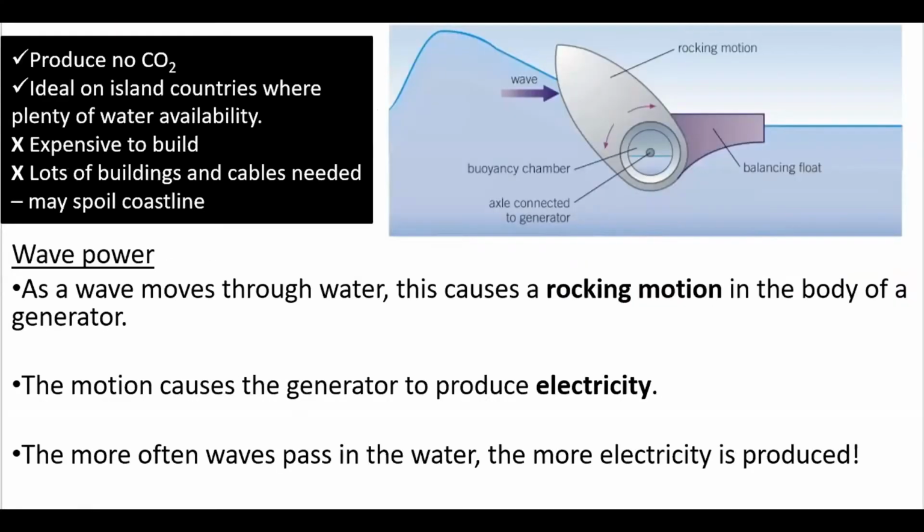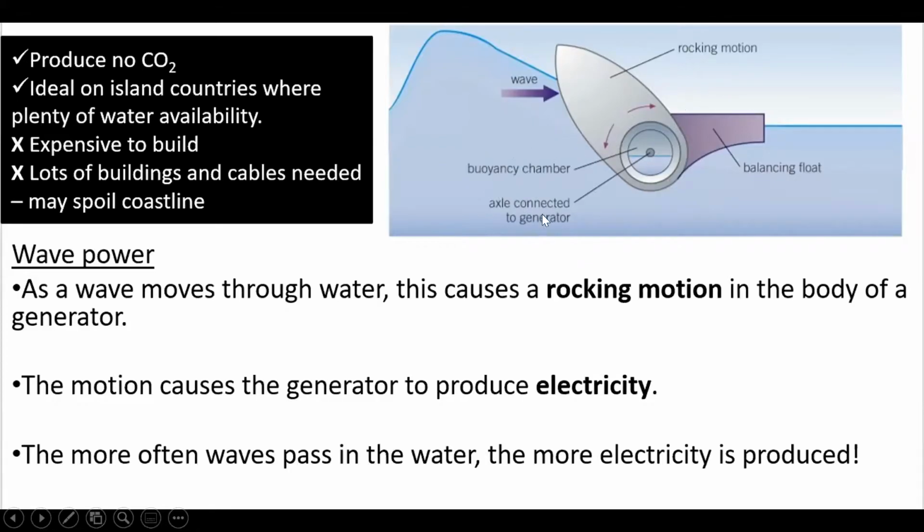So wave power. You can probably tell that there's quite a lot of waves around the UK's coast, so it's probably quite a good option that we could use here as well. They're buoyant, so they float on the water, and the wave hits them and creates a rocking motion, so it rocks back and forth.